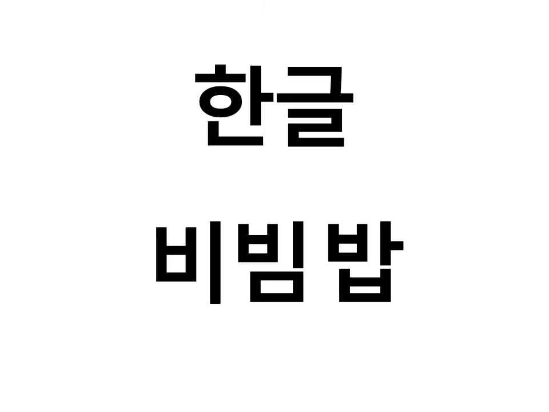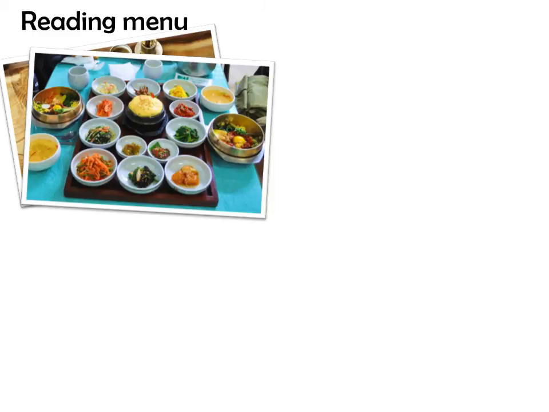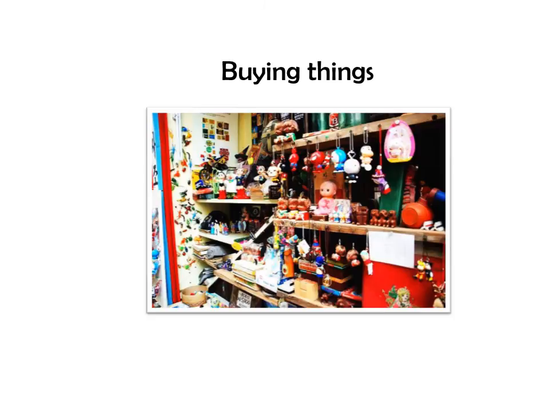Now, do these words no longer look strange to you? I mean, if so, then you've done a great job. So now that you can recognize the Korean alphabet, you should be able to read most of a Korean menu, which you couldn't read before. And when it comes to buying things, it should be easier now.